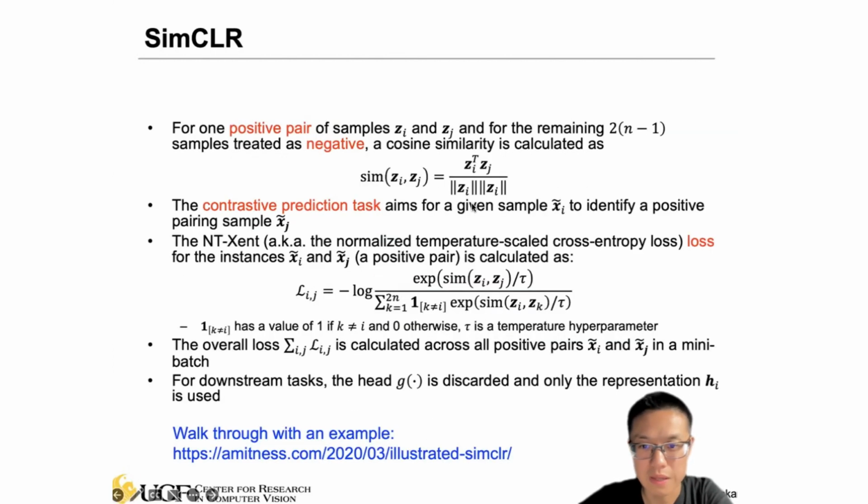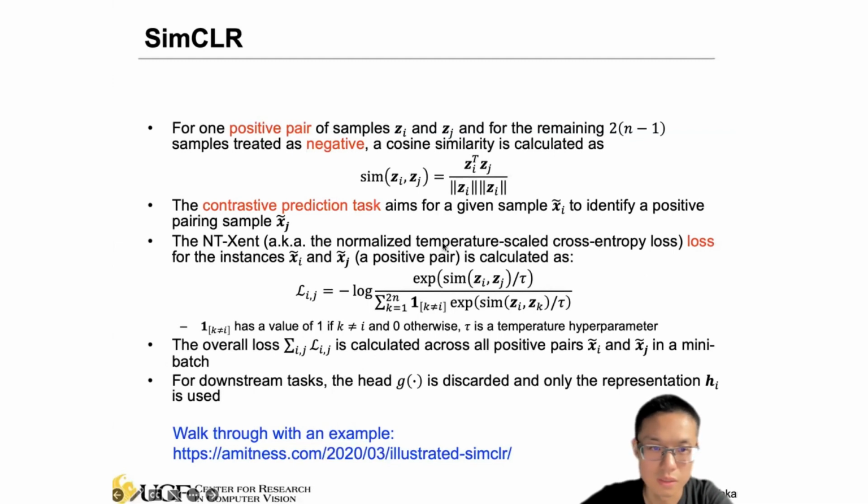So mathematically, for a positive pair, we calculate the cosine similarity. This is one measure of the similarity. Of course, you can use other similarity like L2 distance, but commonly we use the cosine similarity to measure the similarity between these two vectors.